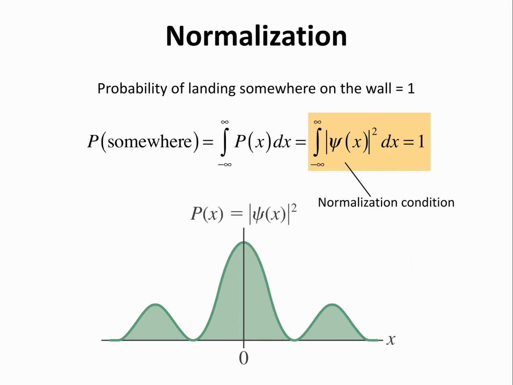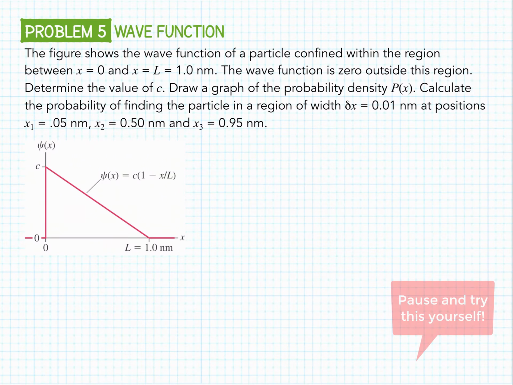So we call this the normalization condition, and once we find a wave function, we often have to normalize it so that when we integrate to get probability, we get a probability that makes sense. Here's an example that we'll do. This figure shows the wave function of a particular particle confined within the region of 0 and L, where L is 1 nanometer.